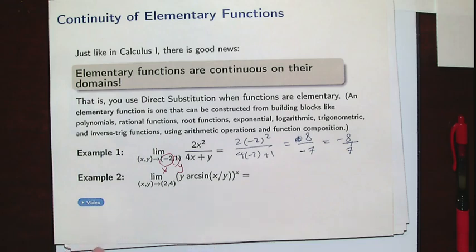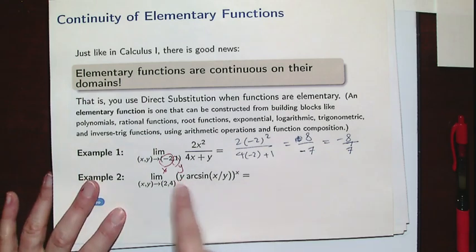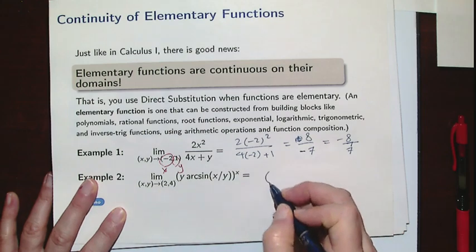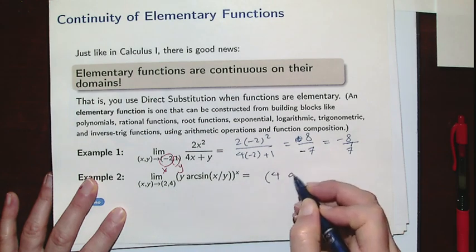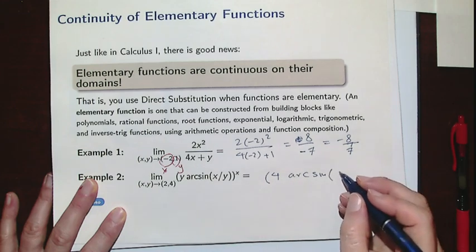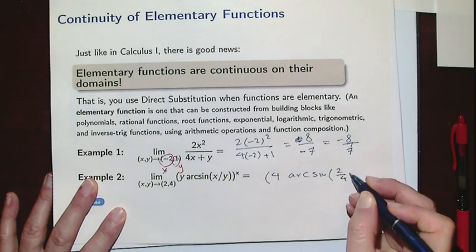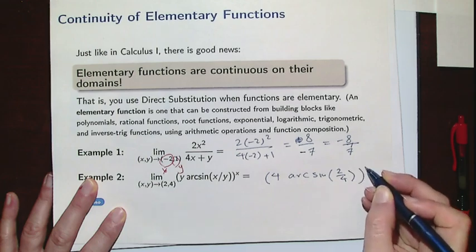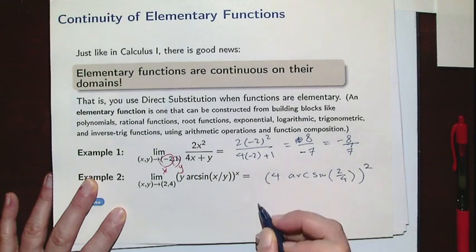I can do the same thing here. This is all elementary functions, added, subtracted, everything. I plug in the input value, which is 2 and 4. Let's see. 4 for y, for x, 2 over 4, then the entire thing to power 2.